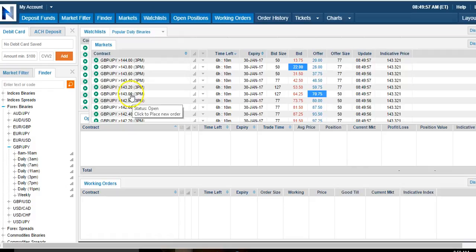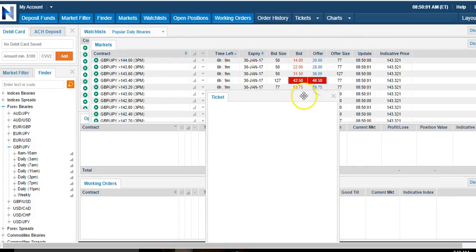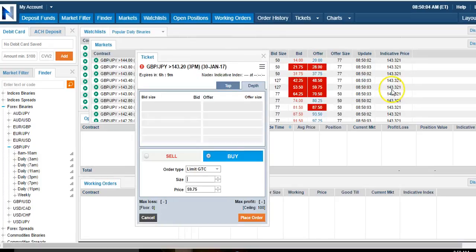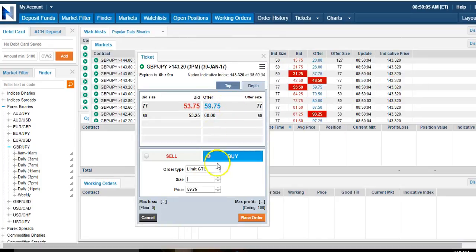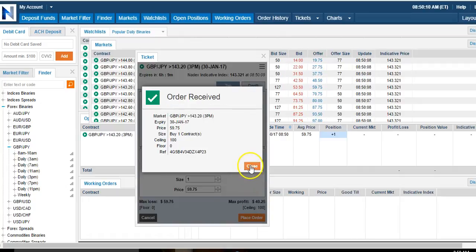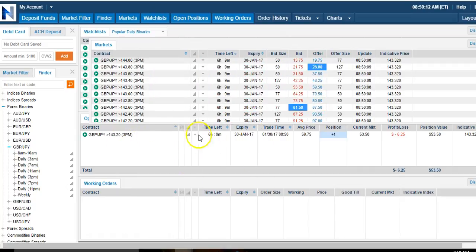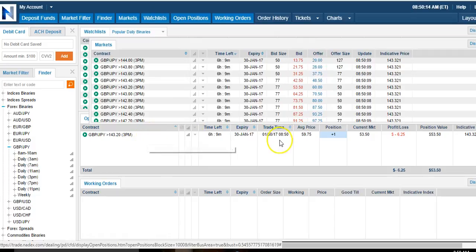The 143.20 would be the one we'd be interested in, which is about 12 pips in the money right now. We could pay $59 for it right now. I could hit place order, and you can see it there, right there. So I paid, say $60 for that particular trade. If it stays above 143.20, we win.